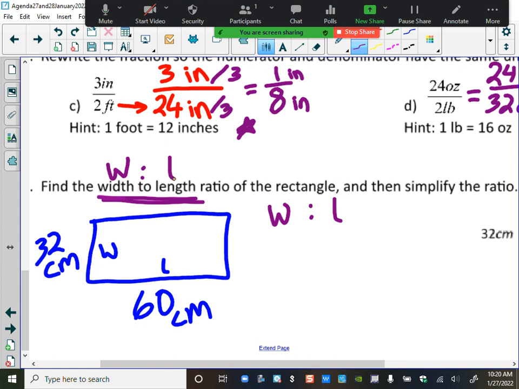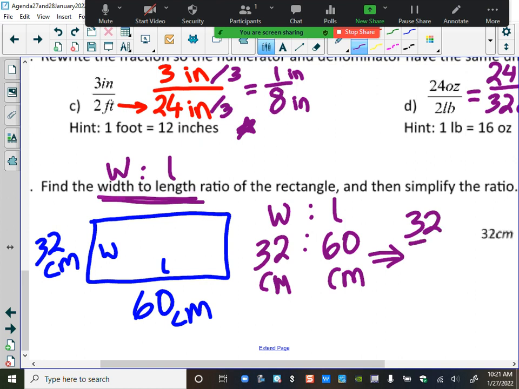Well, it's just understood because when you write it this way, you can eventually write it as a fraction. So this is your width, that's your length. So now it's just a matter of simplifying the ratio or simplifying your fraction.